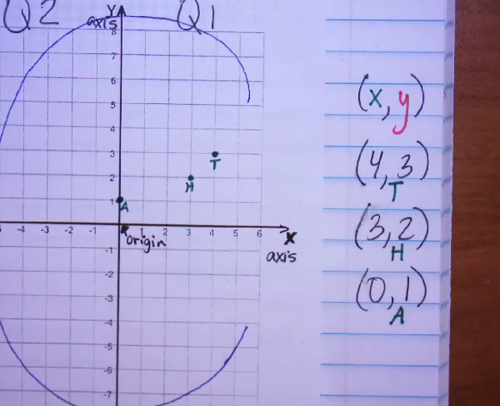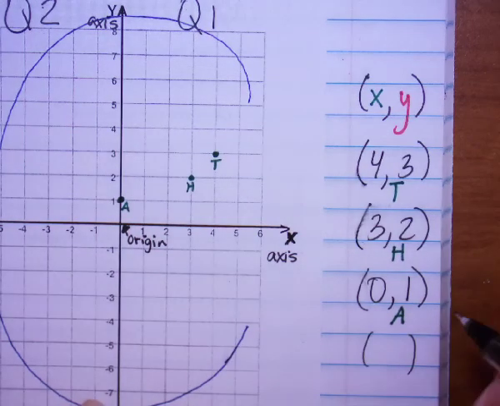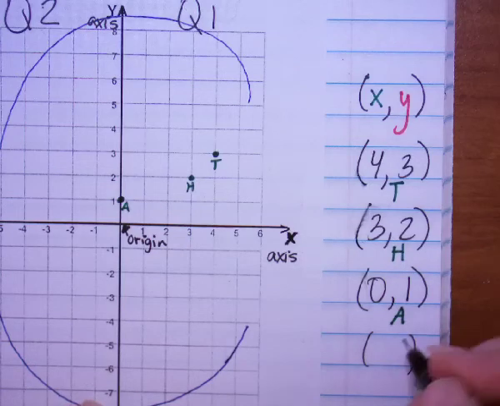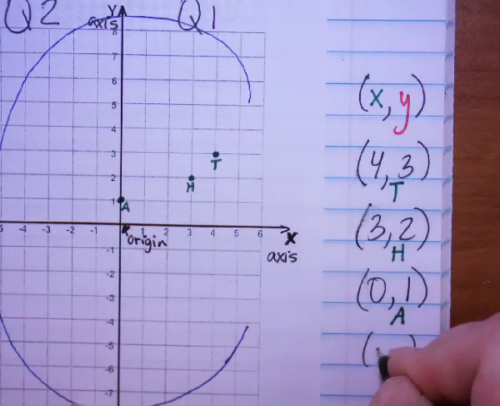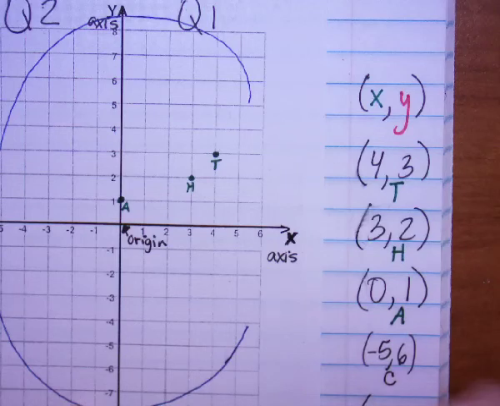All right, let me give you maybe 2 more, and I think you'll be good to go for now. How about if I give you one of the other quadrants? Okay, let's try it out. -5, 6. Let's call him C. And -4, 7.